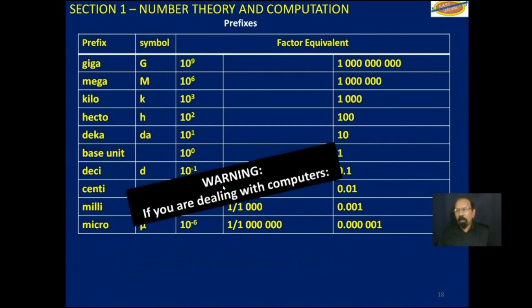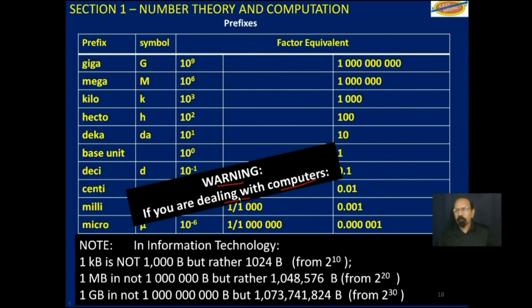Now, one little warning if you are dealing with computers before we go on. In information technology computers, 1 kilobyte is not 1,000 bytes, as you may be led to think here, that a kilo is 1,000. No, 1 kilobyte is not 1,000 bytes, but rather 1024 bytes. Because we are dealing with base 2 in computers, 2 to the 10th power is not 1,000. It's 1024.